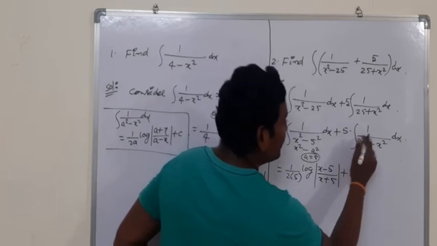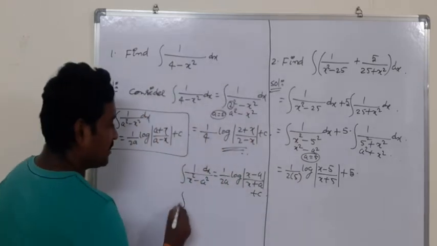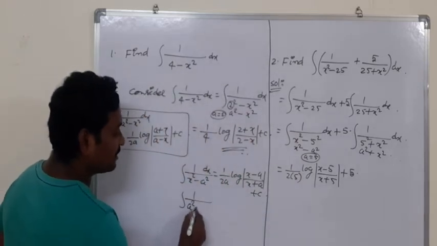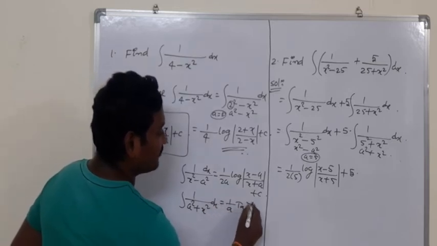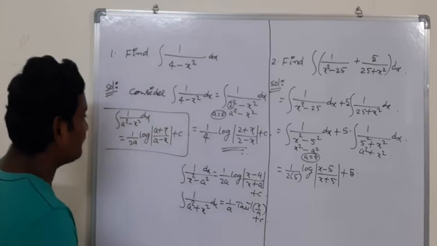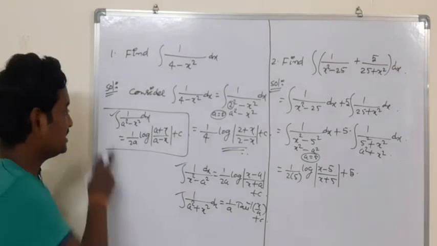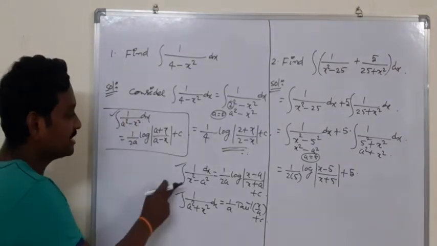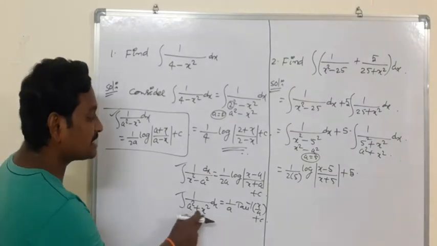what about the structure of this term? This is in the form of integration of 1 by a square plus x square. So what is the formula for integration of 1 by a square plus x square? 1 by a tan inverse of x by a. So please try to understand the difference between these three formulas. This is integration of 1 by a square minus x square dx. This is 1 by x square minus a square dx. This is integral 1 by a square plus x square dx.